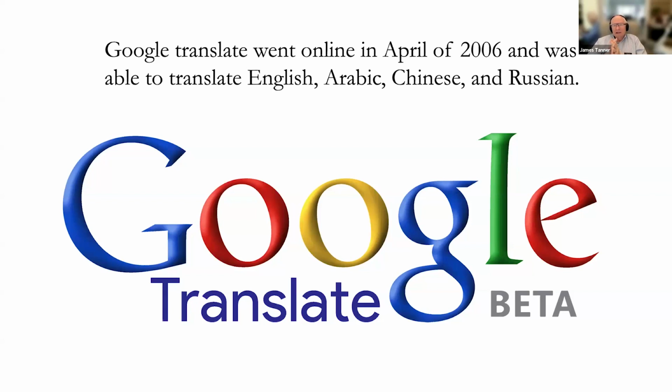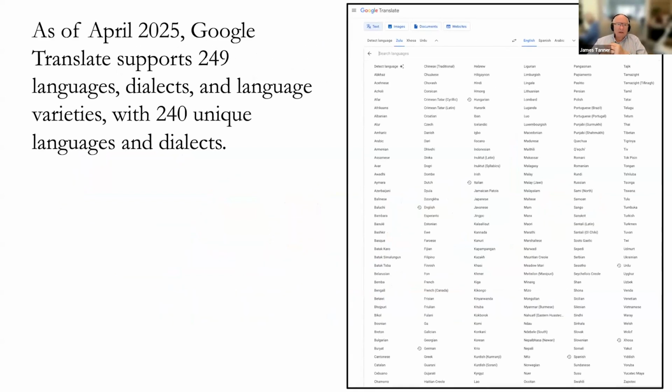And I guess those were chosen rather randomly from the standpoint of Google. But it has advanced to the point today where now, as of April 2025, Google Translate supported 249 languages, dialects, and language varieties with 240 unique languages and dialects.